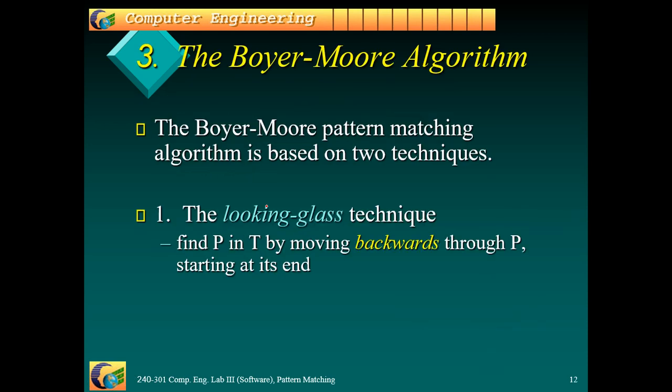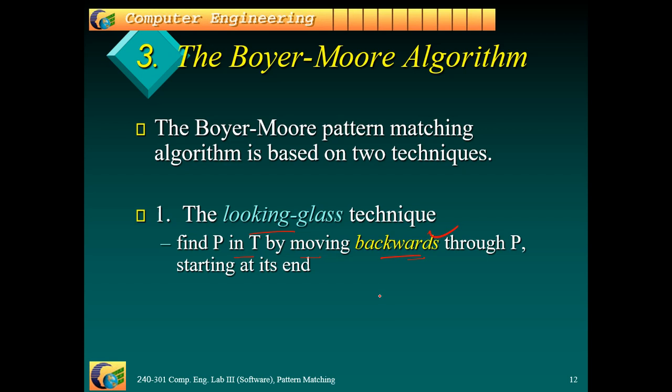In the looking glass technique, you are going to compare the characters backwards instead of forward. Like how in brute force we were comparing the first character of the pattern with the first character of the text, whereas here we compare from the backward.